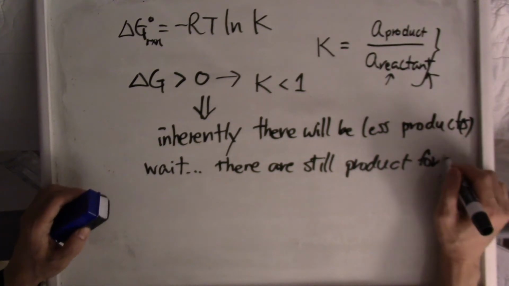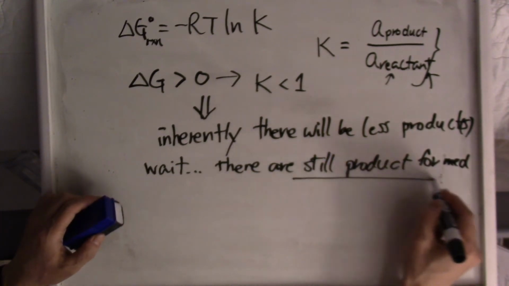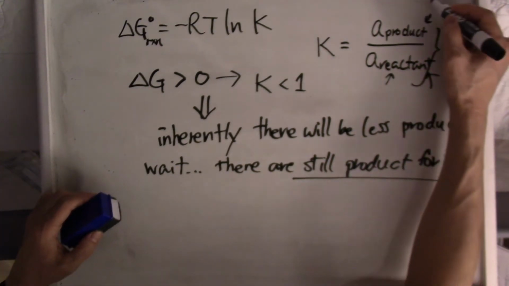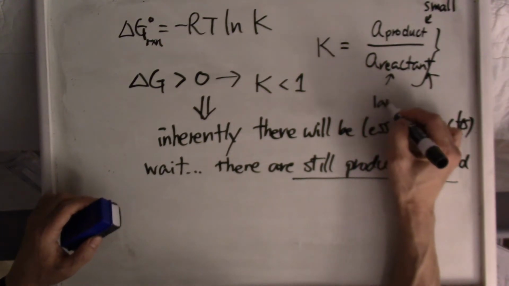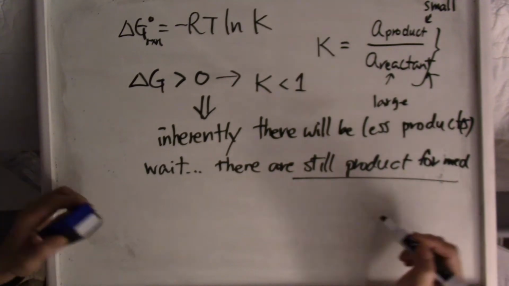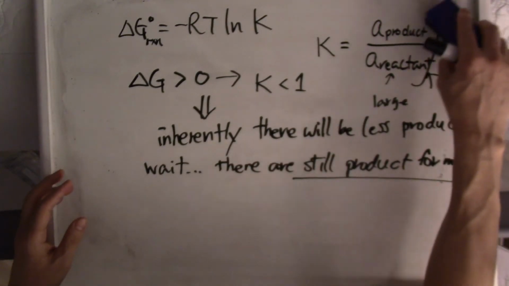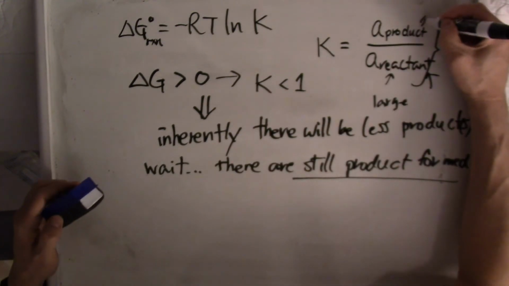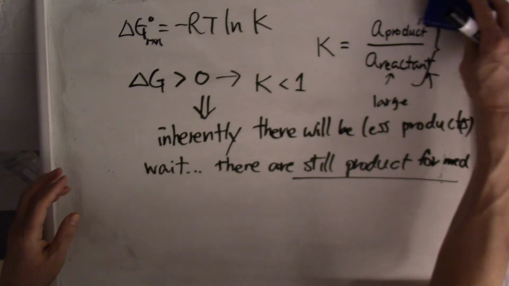So remember, there is still product formed because this number is small and this one is large, and therefore you still have smaller than 1. If this is 0, then the whole thing becomes 0. So keep that in mind.